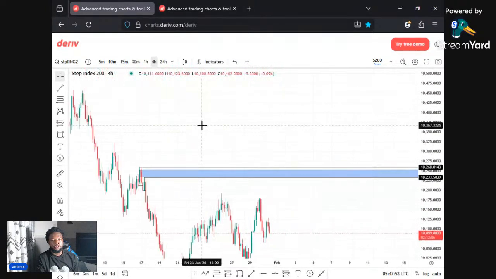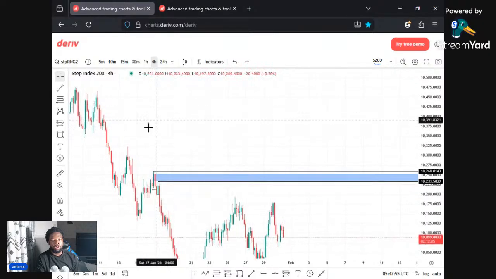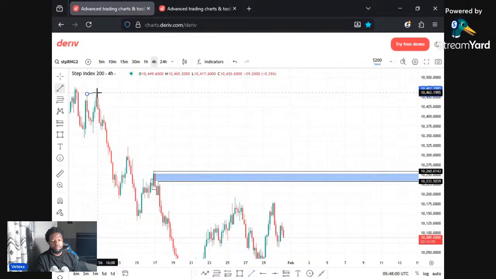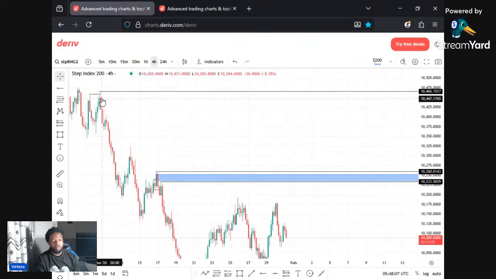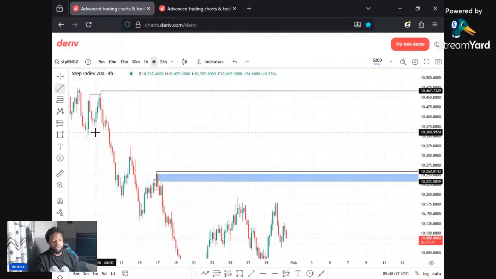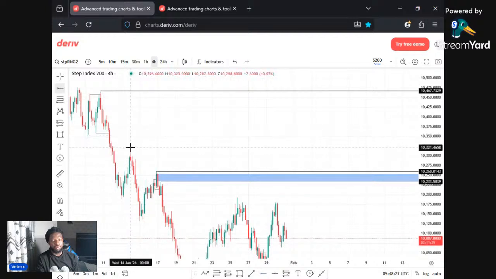So open your eyes and see. We have this sweep of liquidity, and we have our protected high here. Sweep of liquidity, protected high. We have what? First break of structure, which is this. And then we have price retrace 50% to give us structural liquidity.